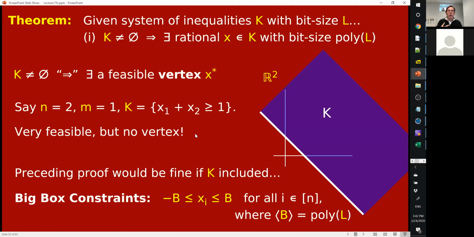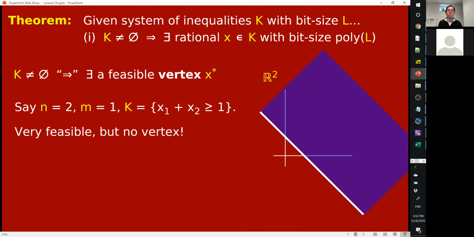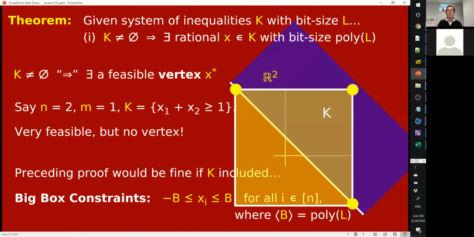So we're going to like it if you have big box constraints, because even if your original K were unbounded in some directions, the fact that you have a big box forces the intersection of K and this big box to have some vertices.